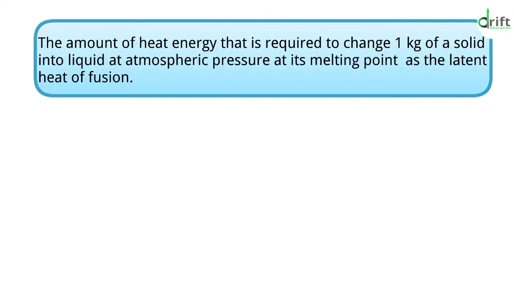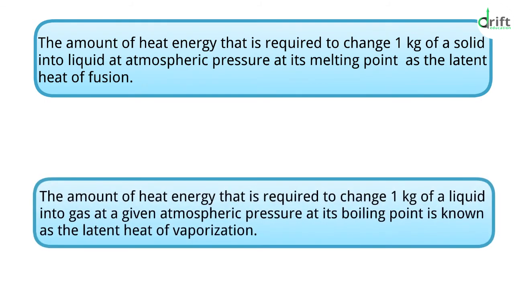We define the amount of heat energy that is required to change 1 kilogram of a solid into liquid at a given atmospheric pressure at its melting point as the latent heat of fusion. Again, the amount of heat energy that is required to change 1 kilogram of a liquid into gas at a given atmospheric pressure at its boiling point is known as the latent heat of vaporization.